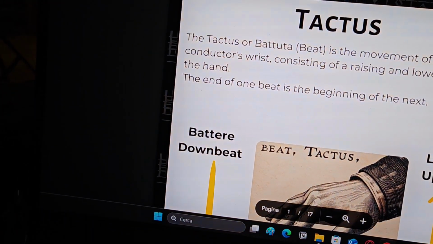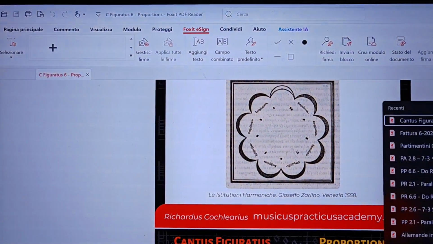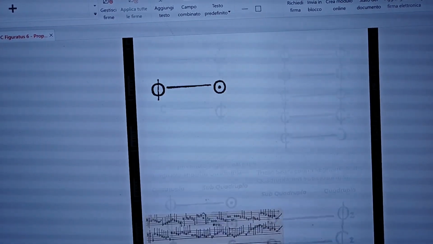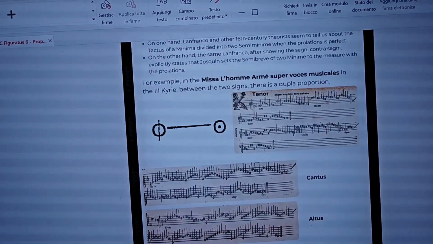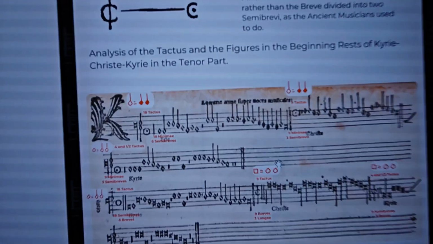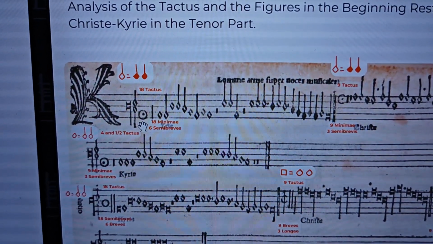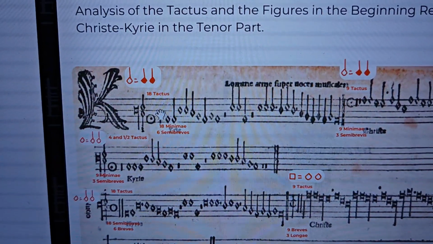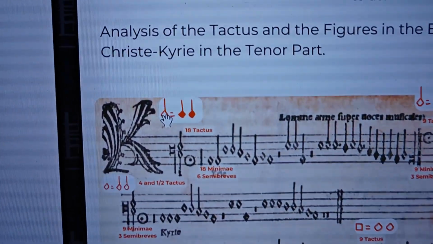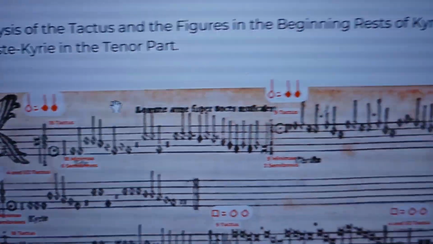Let's do another example, which is actually in chapter 6, because it requires studying proportions and how they work. We have the example by Josquin de Pré, Missa l'Homme. Here the beginning is this way with tempus perfectum and the dot, the prolatio perfecta, and the tactus is minima, semibrevis of two minime.